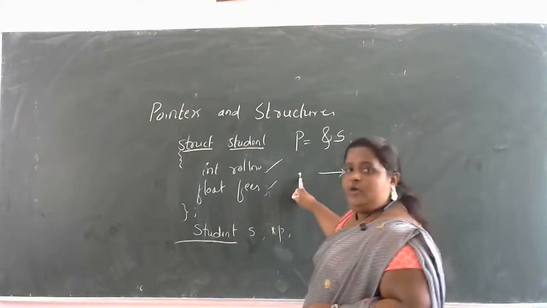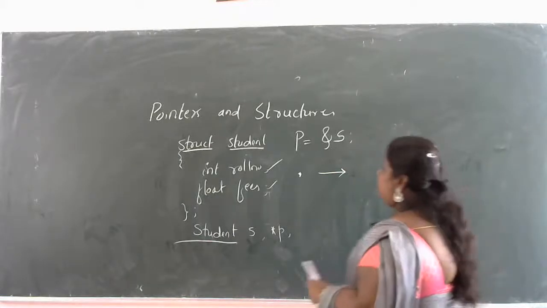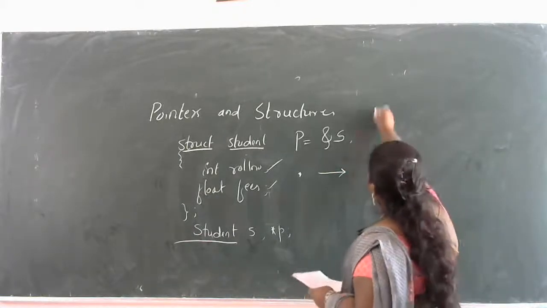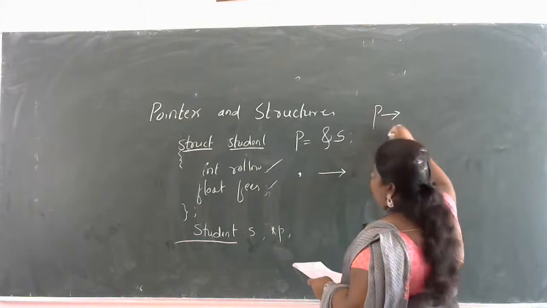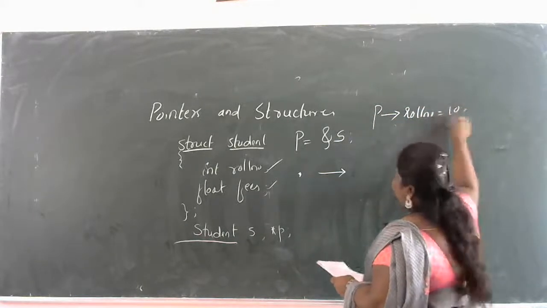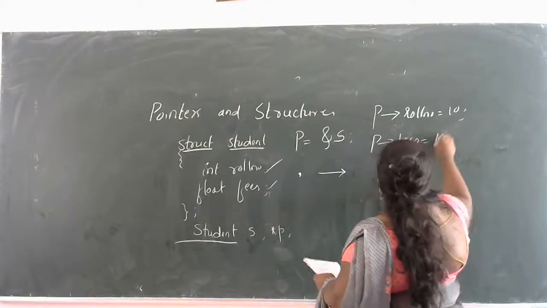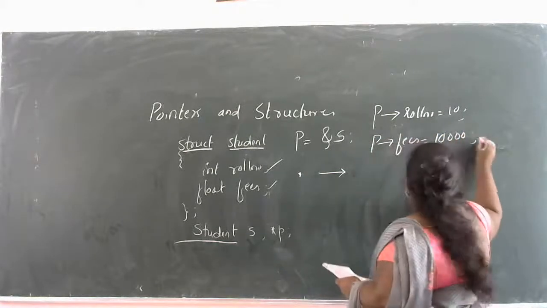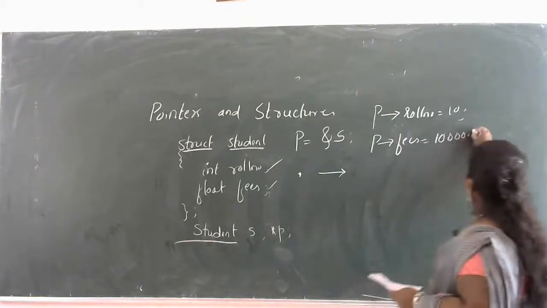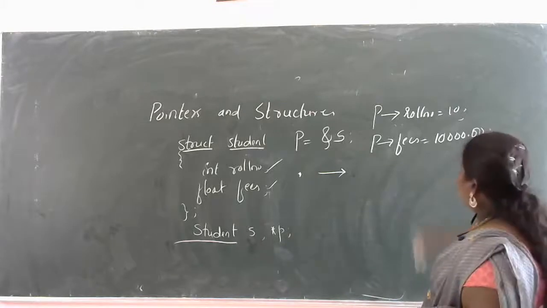Using dot operator or arrow operator. How do you access using the arrow operator? That is, p arrow roll number equal to 10, p arrow fees equal to 10,000. Like this, you access with the arrow mark.